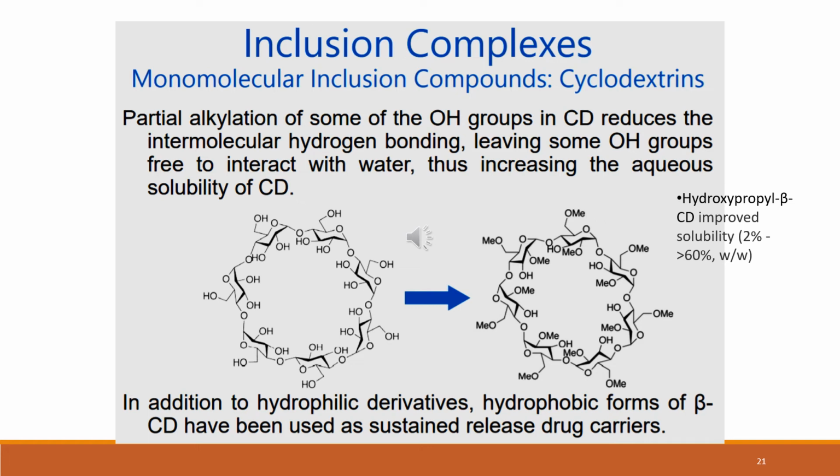In addition to hydrophilic derivatives, hydrophobic forms of beta-cyclodextrin have been used as sustained release drug carriers. Hydroxypropyl beta-cyclodextrin shows improved solubility as compared to beta-cyclodextrin.